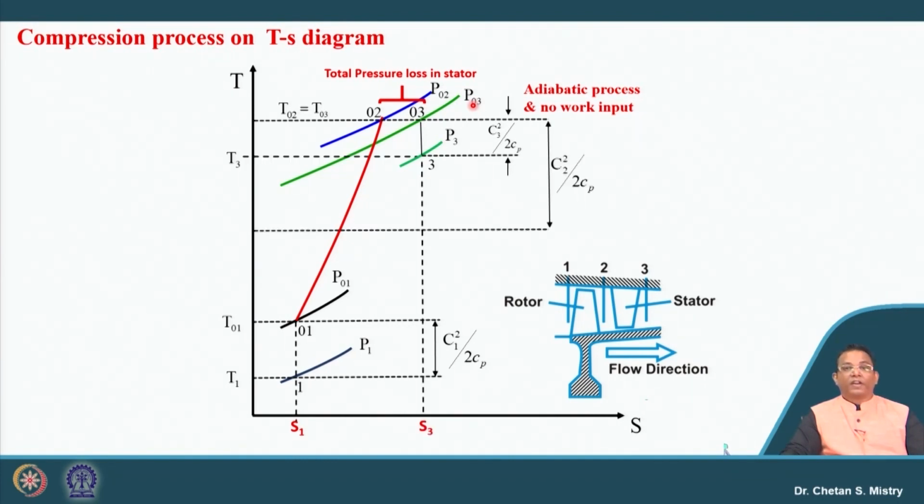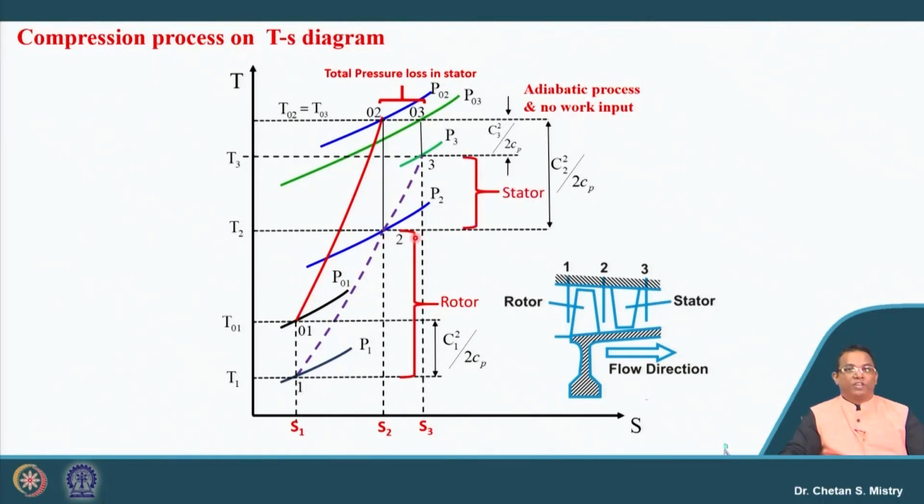Same way, if I put C2 square by 2 Cp, that gives me my static pressure at state 2. State 2 is the exit of my rotor. If I connect this together, it represents the rise of pressure from P1 to P2 inside my rotor, and from P2 to P3 inside my stator.